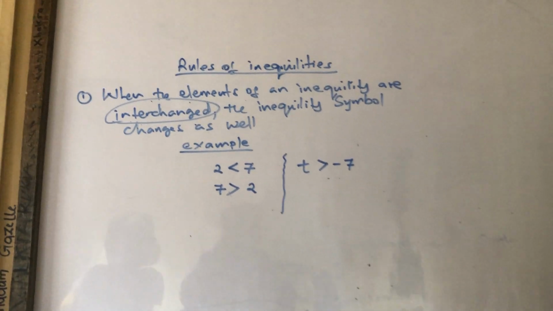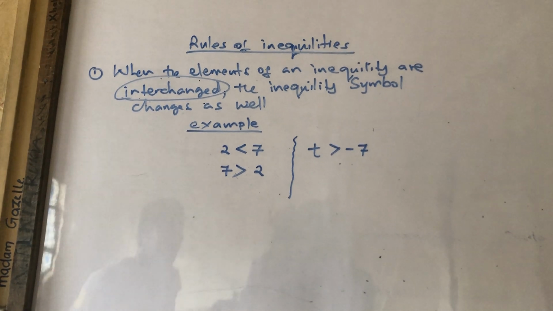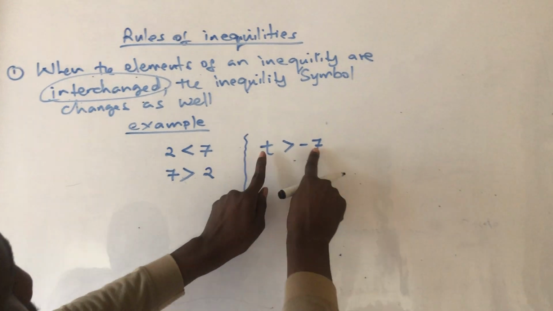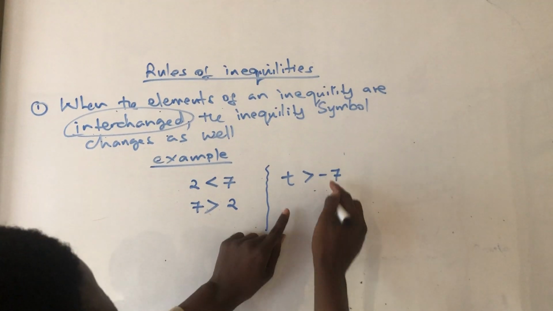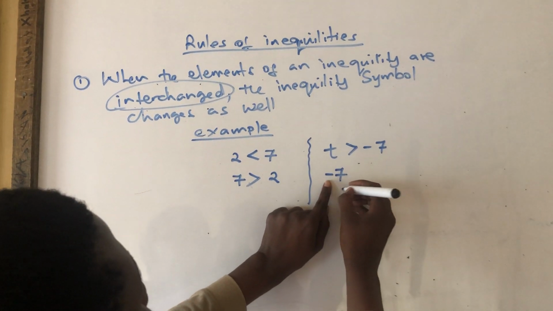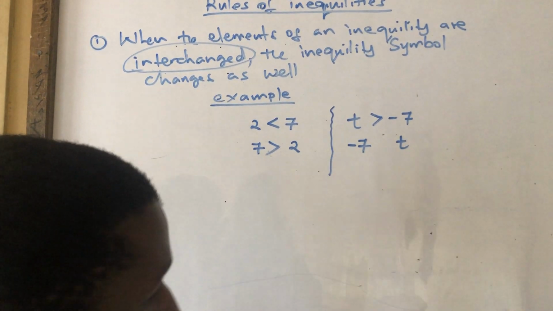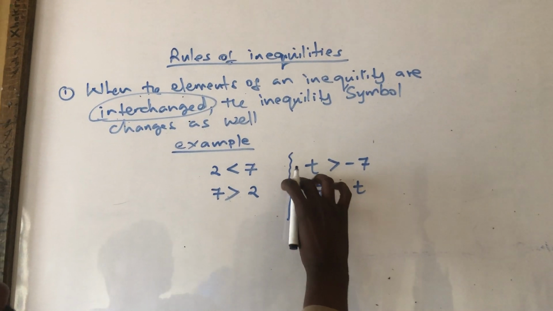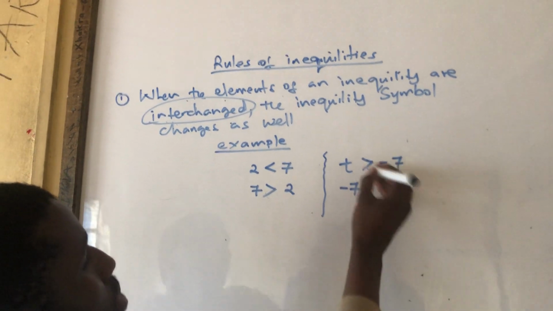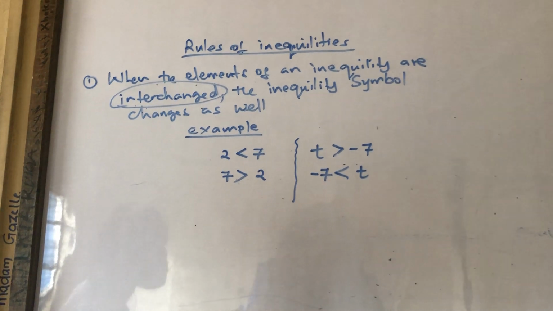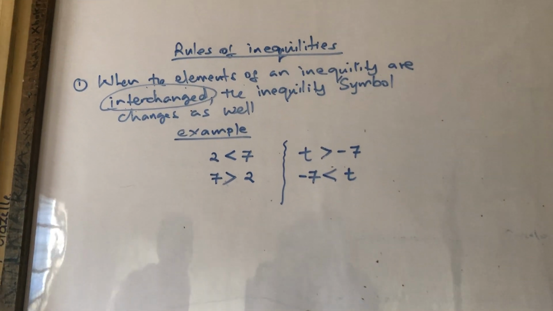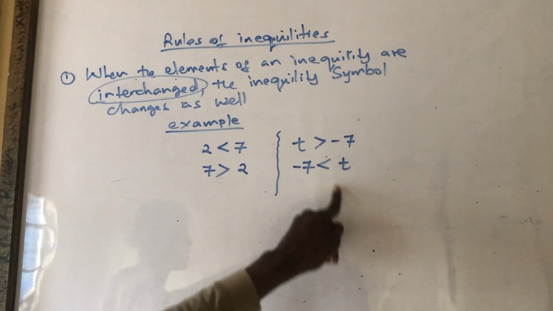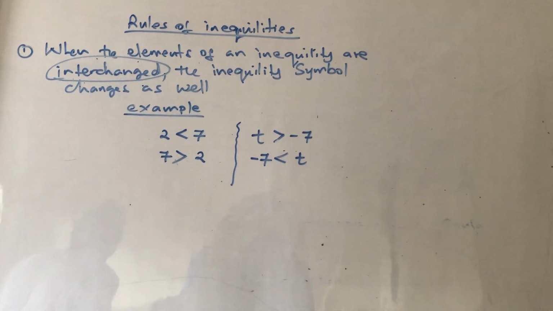Even though we don't know the value of t, what the student needs to know is that if these two things are interchanged, so that the -7 moves in the place of t and the t moves in the place of -7, then for this to remain mathematically true, the symbol has to be changed so that it becomes less than. So if t is greater than -7, then -7 is expected to be less than t.